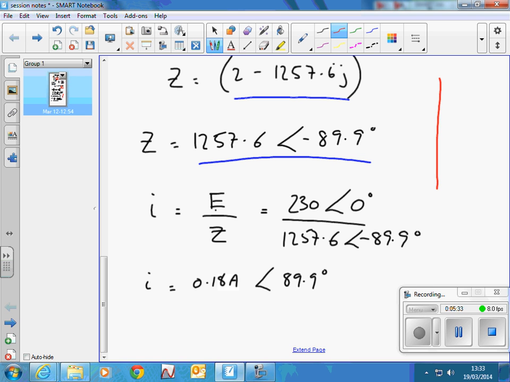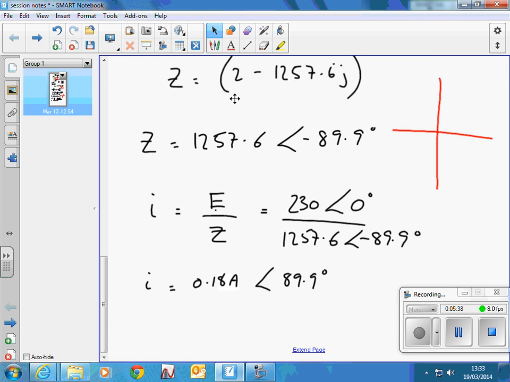If we think about this on some axes, remember, this is the real axis, and this is the imaginary axis. What I'm saying is I've got an impedance of 2 along the real axis, and then minus 1257 down on the imaginary axis, so way down here somewhere.